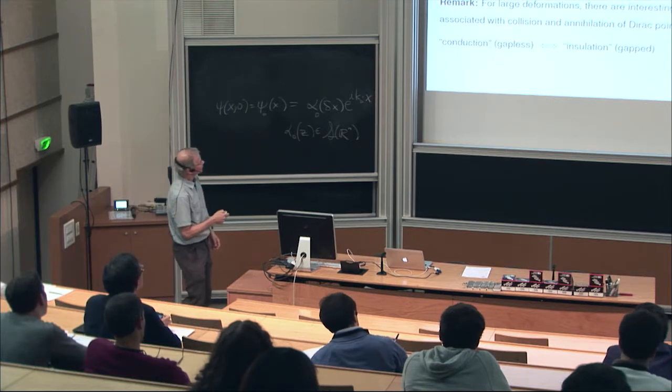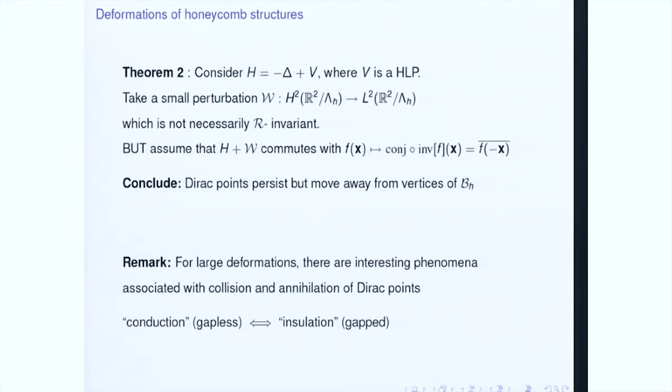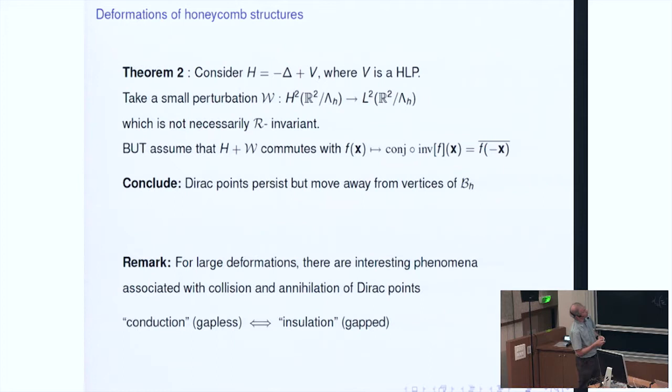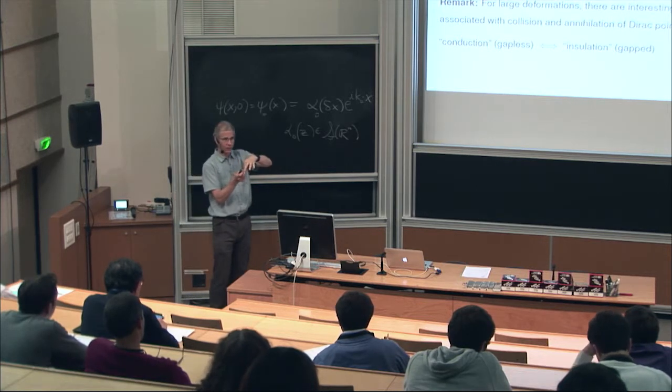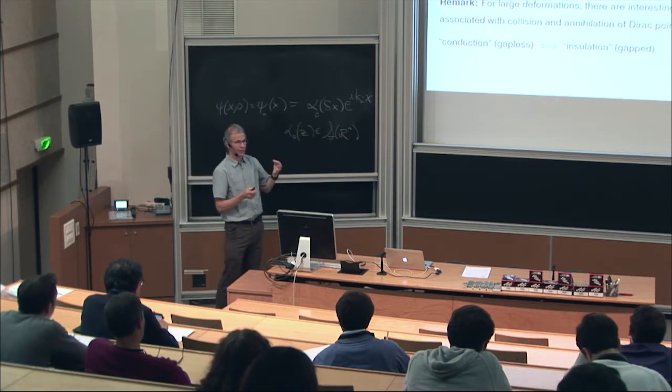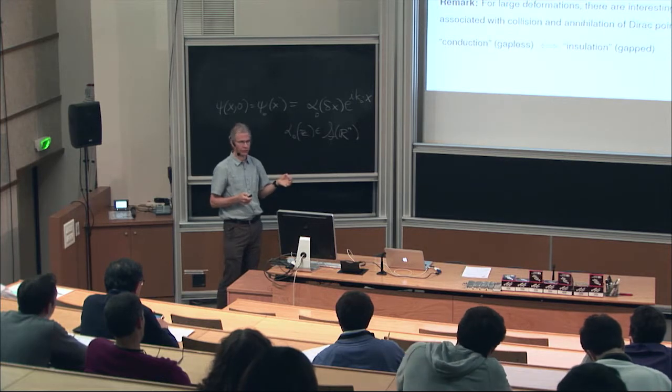We can ask the question, when do Dirac points persist? How can I deform the honeycomb structure and have the persistence? It turns out that if your perturbation, this is some operator, commutes with conjugation and inversion, then small perturbations in the appropriate operator norm will not destroy the conical structure, although the conical points will be located not necessarily at the vertices of the Brillouin zone.